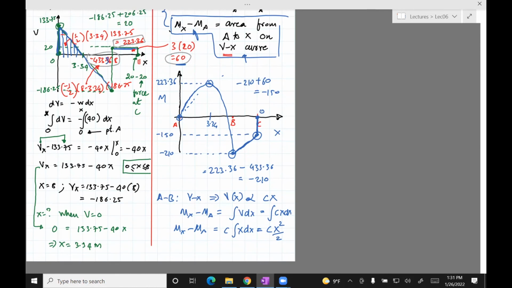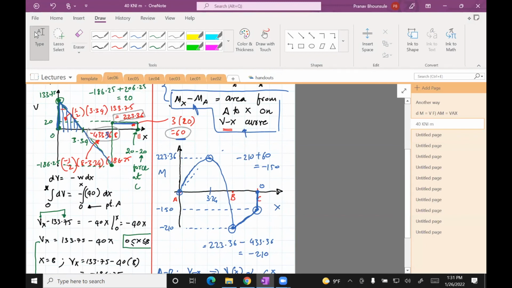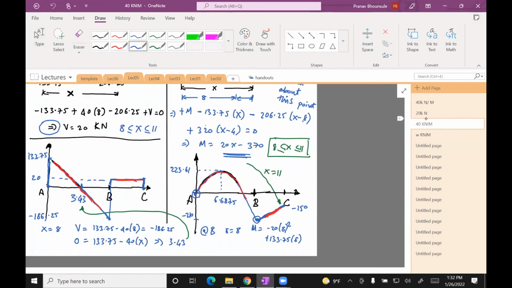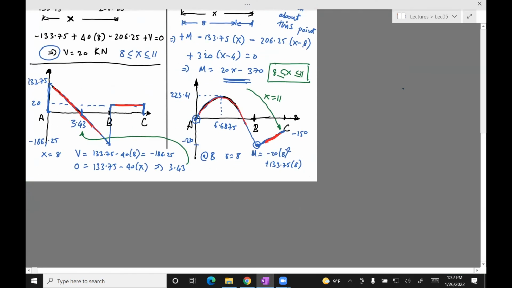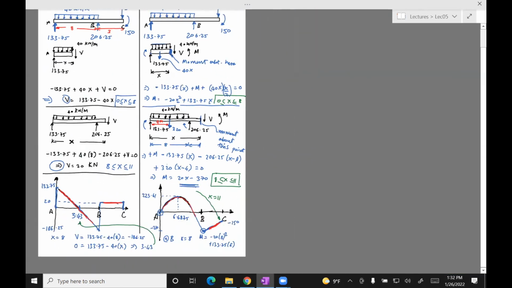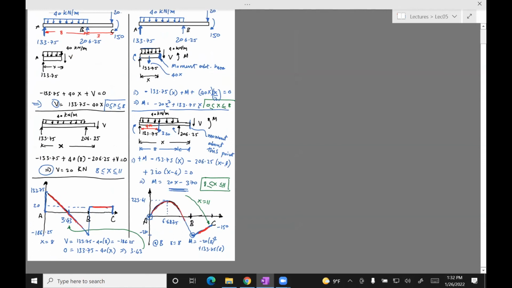Yes. So the thing about this particular method is that you need to have the VX curve in order to draw the MX curve. However, if you look at the previous method, let's go back here. This one on the right side, you actually do not require to know what V of x is, because you never really use V of x on the right side. You can see the V of x actually cancels off because you take moments about that point.